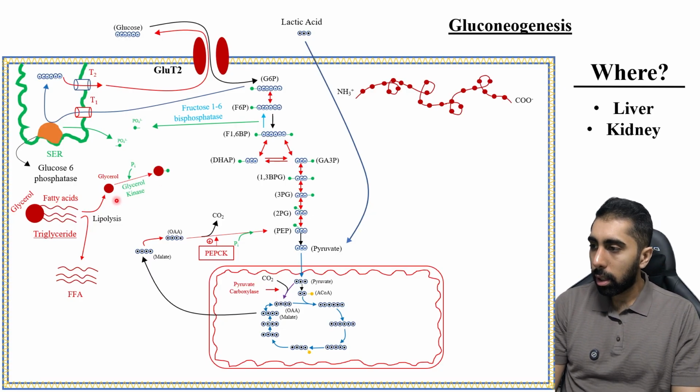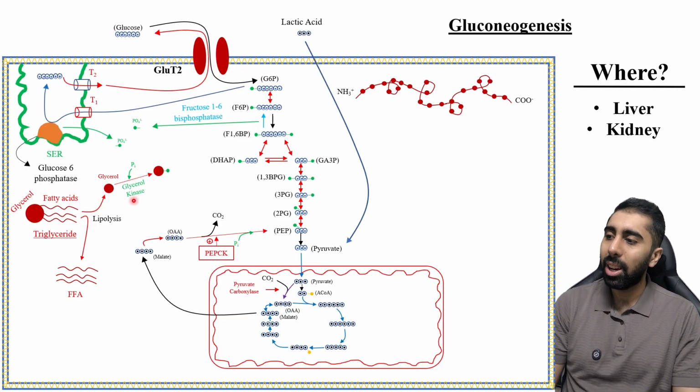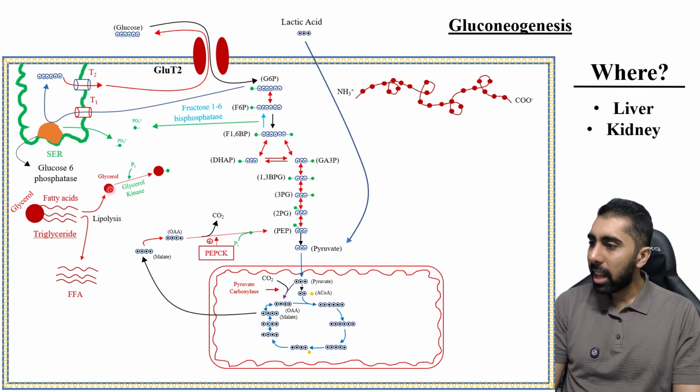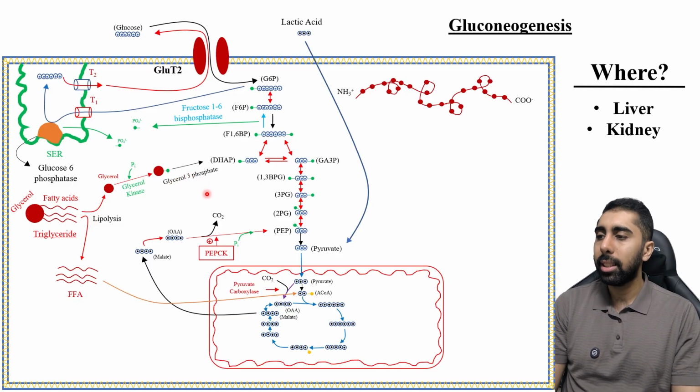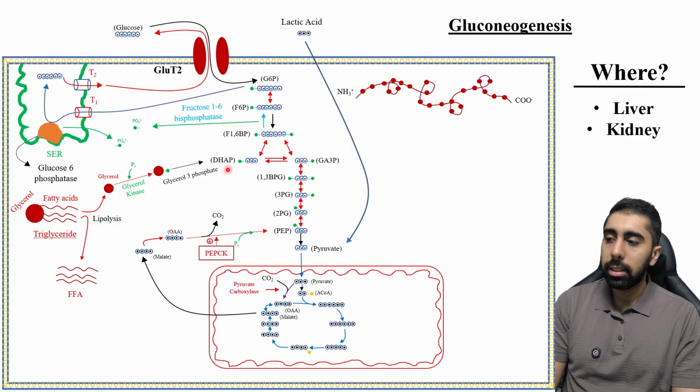What molecule has received the phosphate? Glycerol. So we call this enzyme glycerol kinase. Glycerol kinase helps glycerol turn into glycerol 3-phosphate. And glycerol 3-phosphate can easily turn into dihydroxyacetone phosphate. And whenever it turns into DHAP, what can it do?